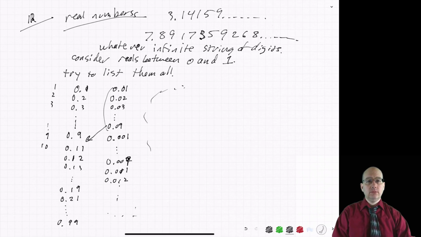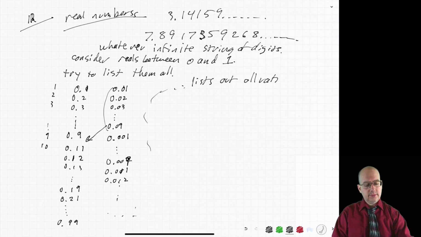Well, basically what we've just done is this lists out all rationals of the form n over 10 to some power.